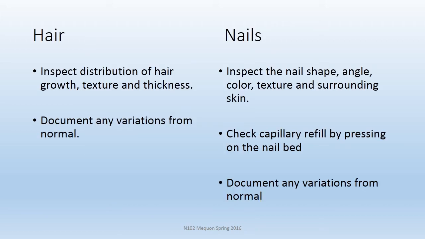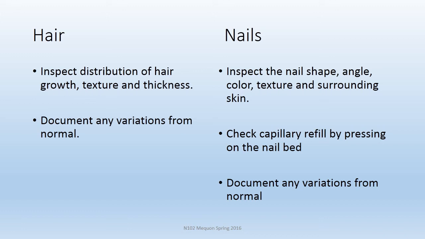Let's talk about inspection of the hair and also inspection and palpation of the nails on this slide. I'm looking at page 528 in your book. So inspecting the hair, it's pretty straightforward and not too involved. You may want to use gloves if you detect any rash on the scalp or if you suspect any infestation with lice.